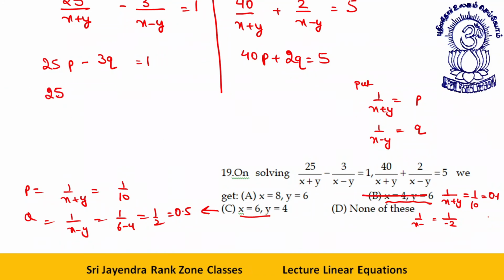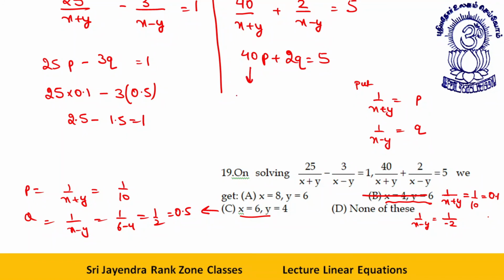For 25p, the value of p is 1 by 10, that is 0.1, minus 3 times q, where q is 0.5. So this becomes 2.5 minus 1.5, which is equal to 1, satisfied.